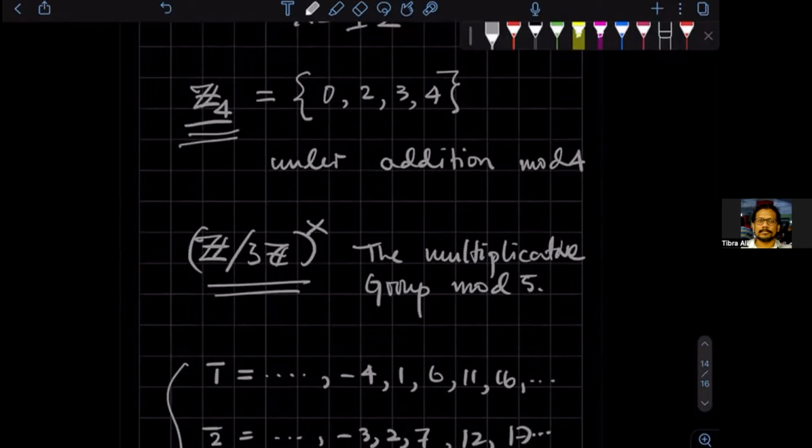Sir, that's 5, right? Divided by 5, not 3. Yeah, thank you, it's very bad handwriting. Yeah, thank you. So Z4 should be 0, 1, 2, 3, right?